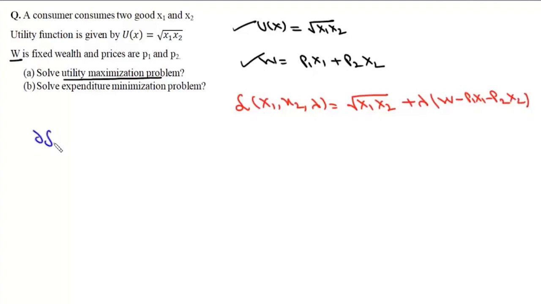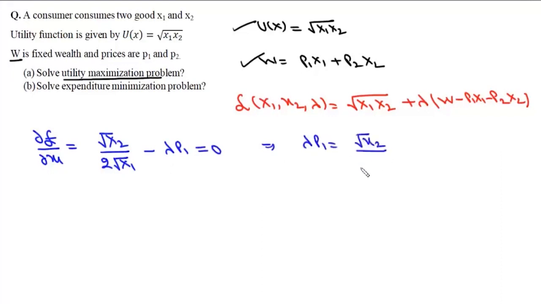First, del L by del x1 will be square root of x2 upon 2 square root of x1 minus lambda p1 equals 0. So from here we write lambda p1 as square root of x2 upon 2 square root of x1, and this is our first equation.